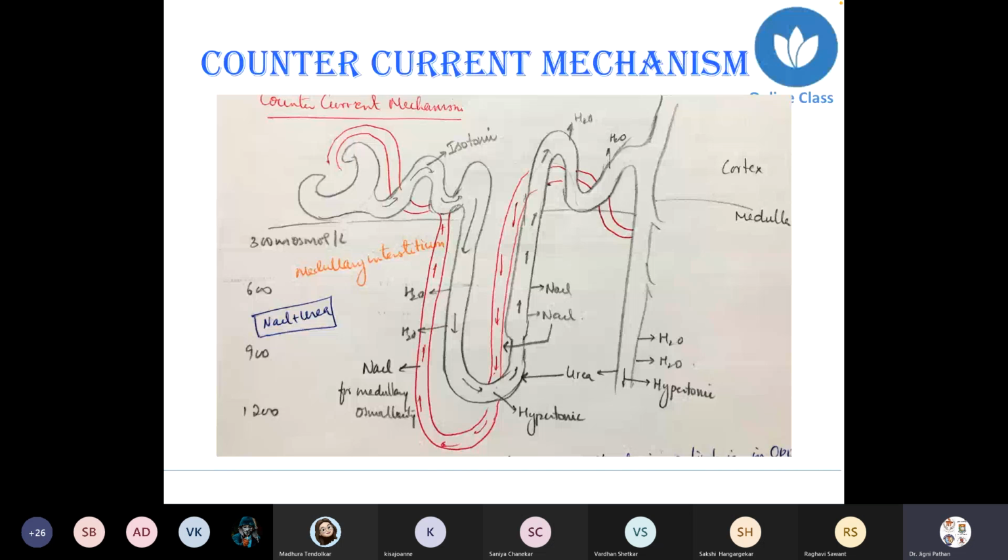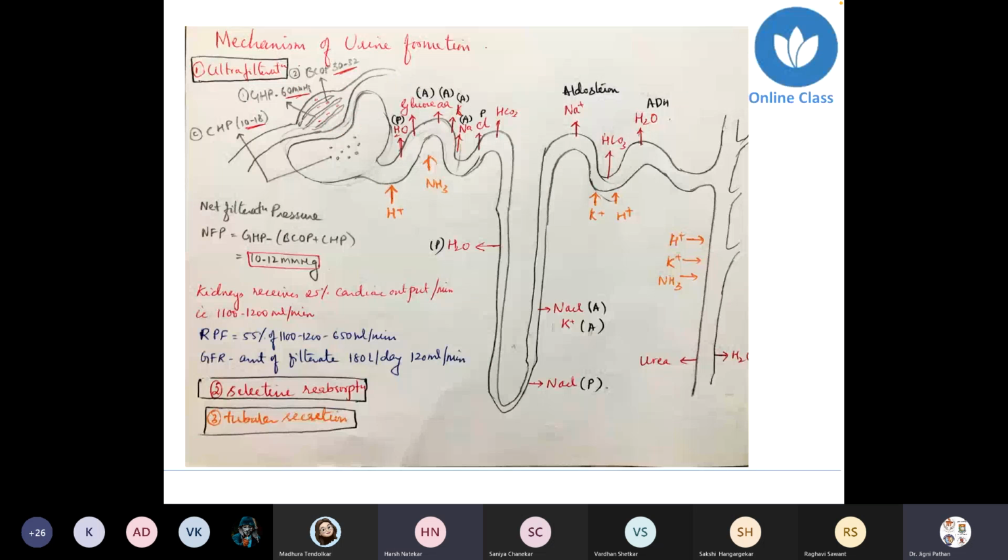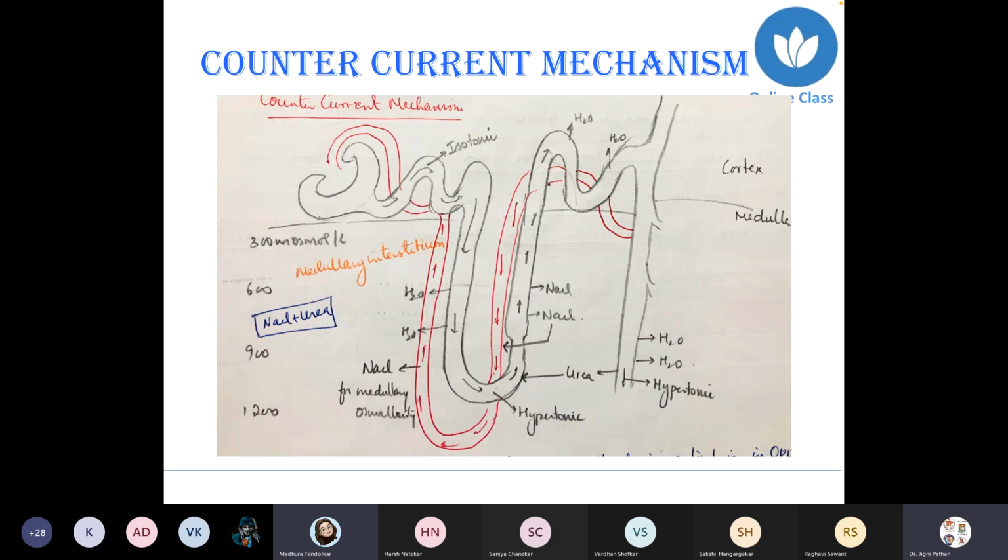Ma'am, just go to that slide. I'll take a screenshot. Which slide? Countercurrent mechanism. Now you can see the slide. I'm showing you that slide only. Can you see the slide? Can you see the slide of mechanism of urine formation? Can you see this slide now?